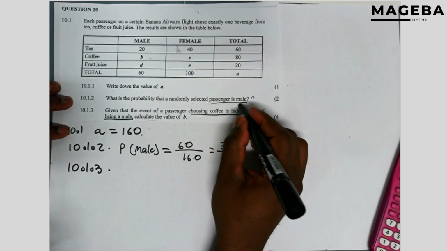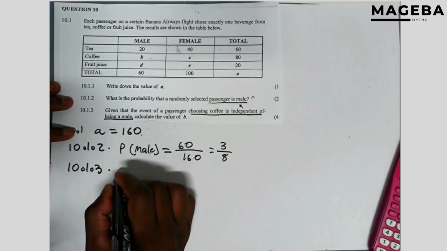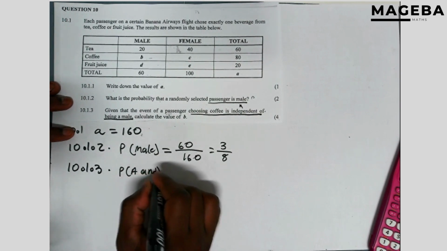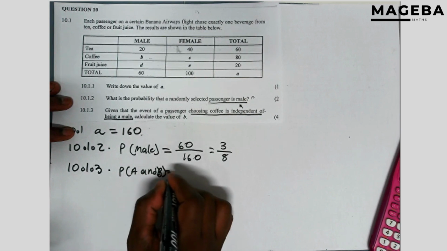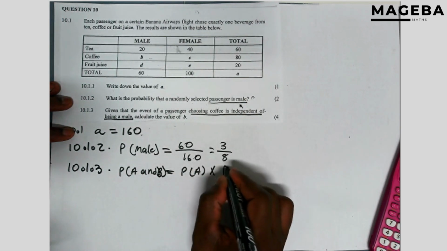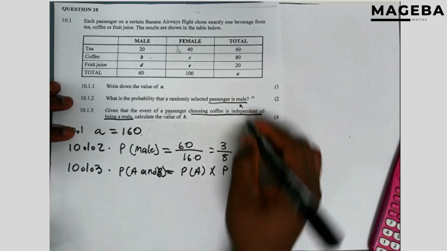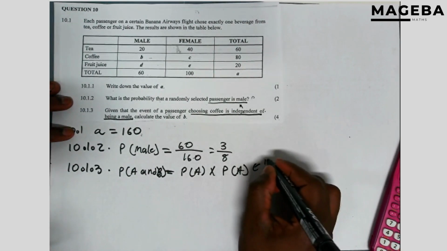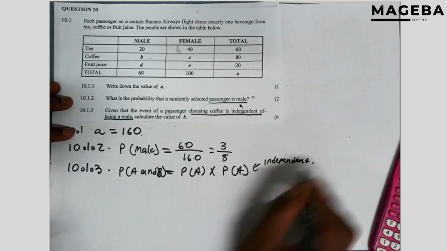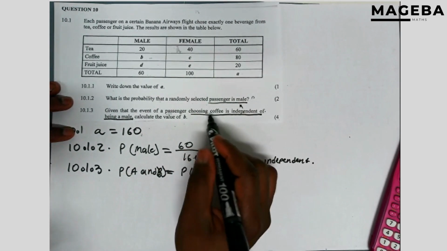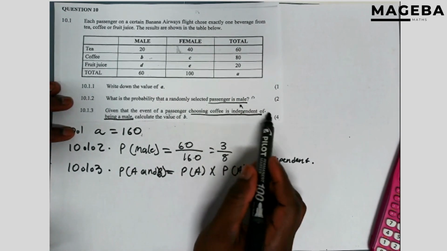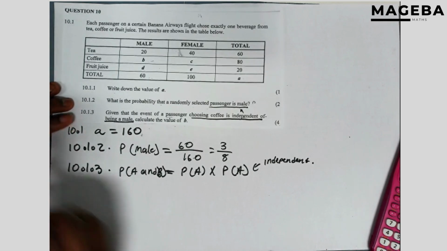I hope you still remember independent events: the probability of A and B is equal to the probability of A times the probability of B. So they are telling us the probability of choosing a coffee is independent of being a male.